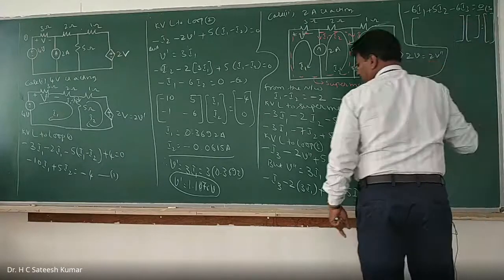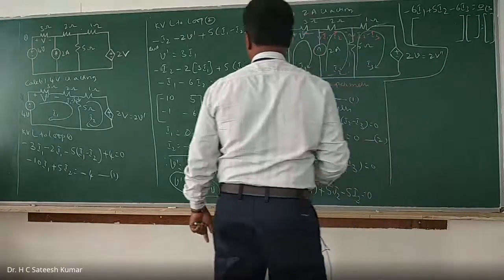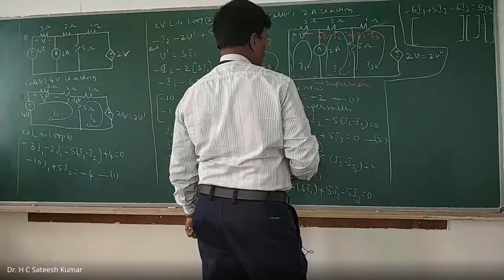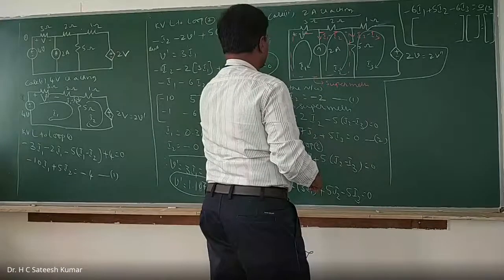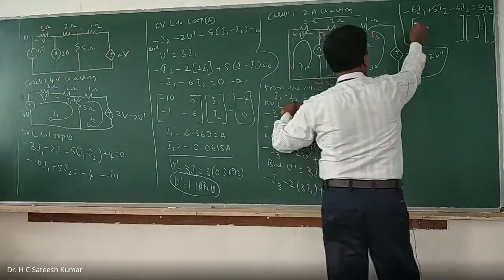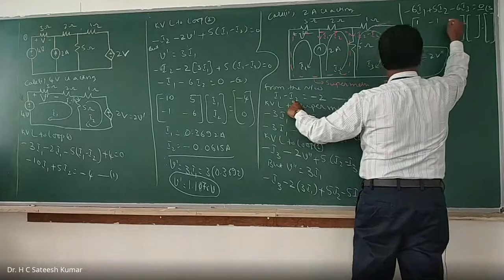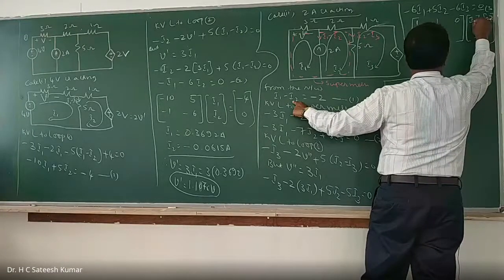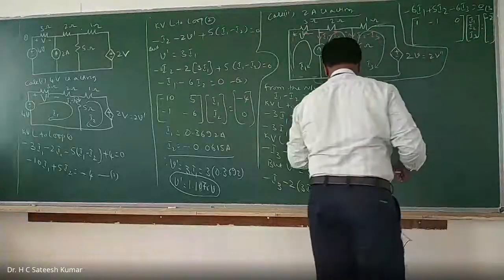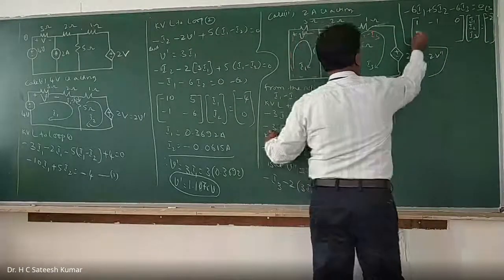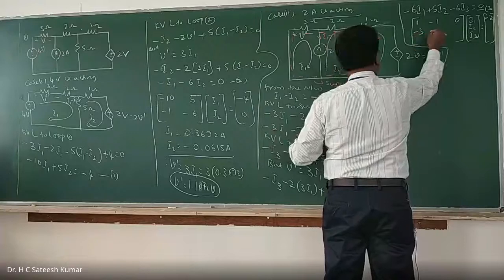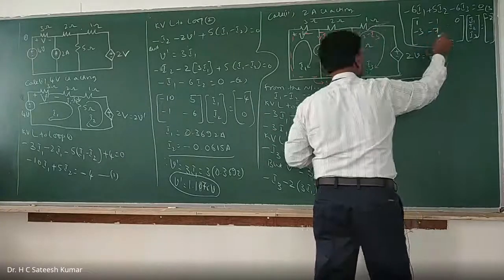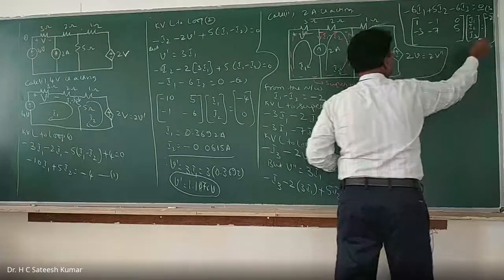Now you write the matrix. Equation number 1: I1 coefficient 1, minus 1, 0, equals minus 2. Equation number 2: minus 3, minus 7, 5, equals 0.